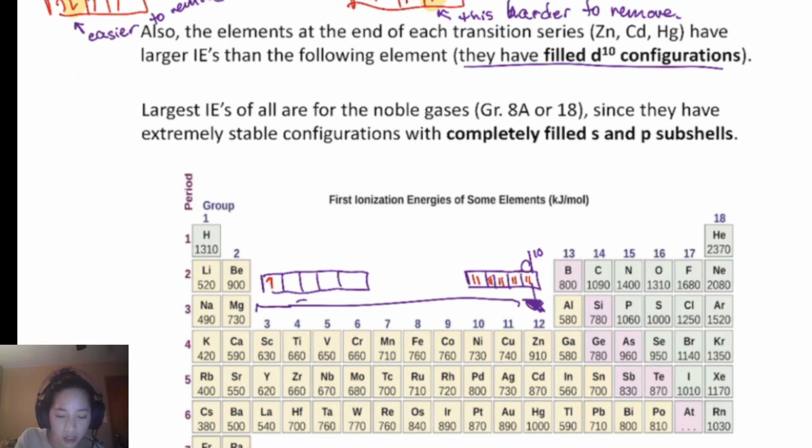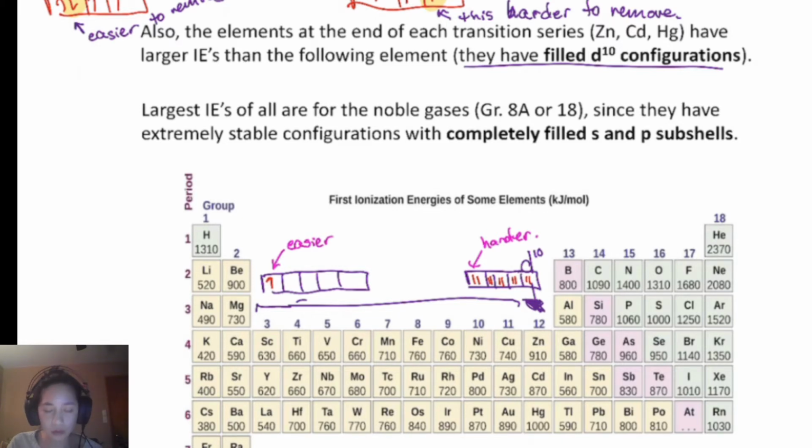So it will be much easier to remove this lonely electron than from a completely filled d10 block, because everything is paired. You'll have to break up one of the pairs in order to remove one. Harder. All right, so if you write out the electron configuration using the boxes, you can see which electrons will be harder versus easier to remove.